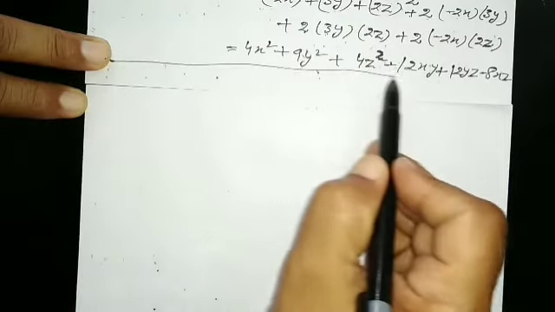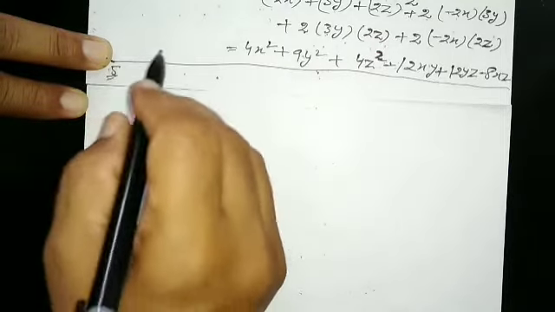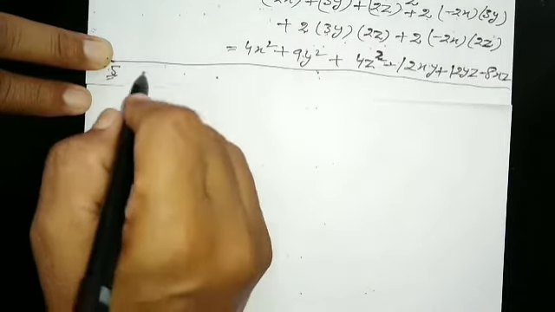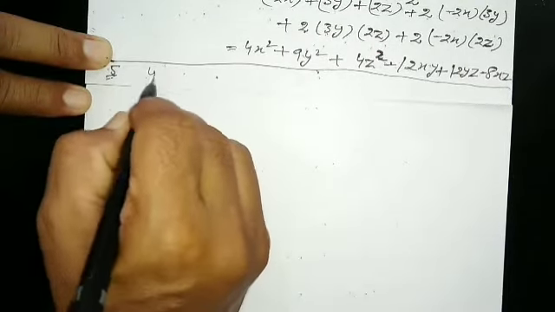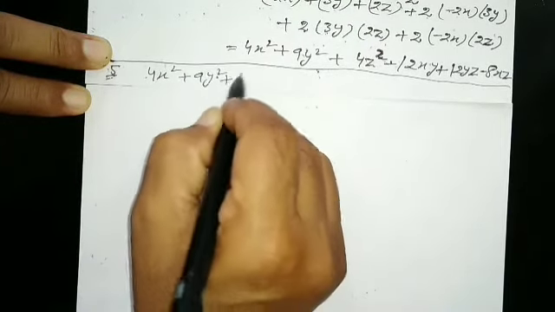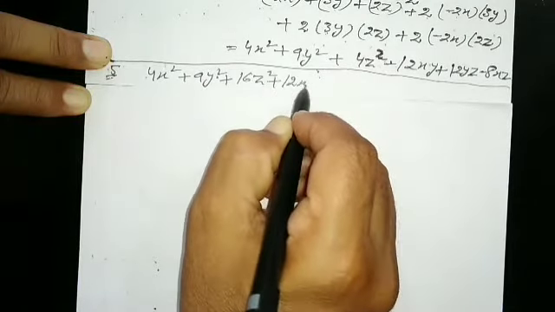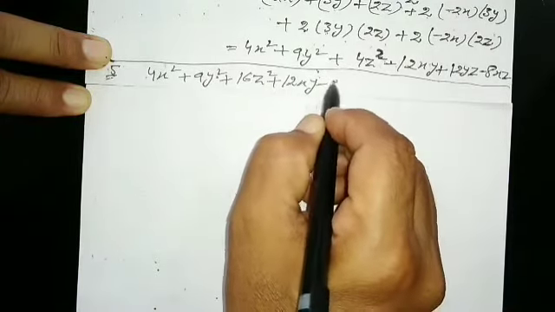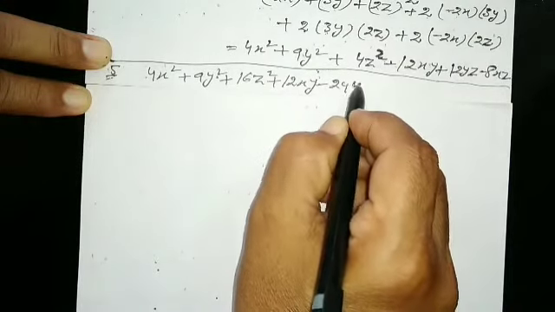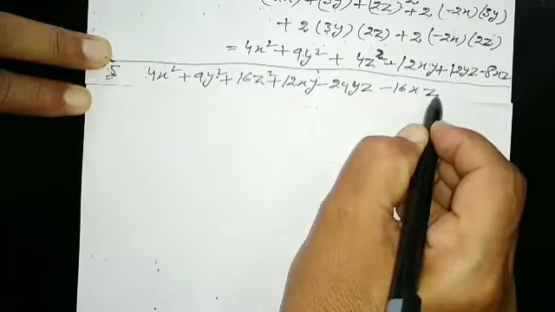Now come to question number 5. Factorize this, and the given expression is 4x square plus 9y square plus 16z square plus 12xy plus 24yz plus 16xz.